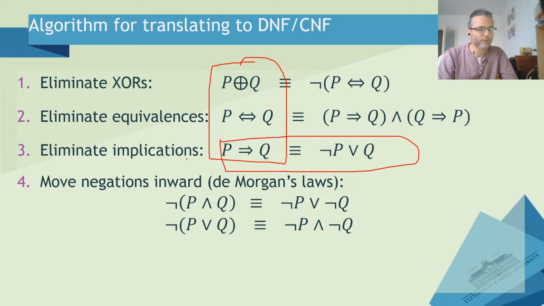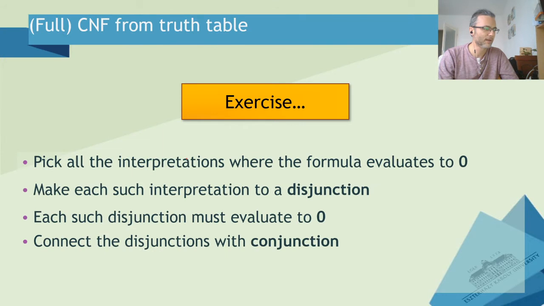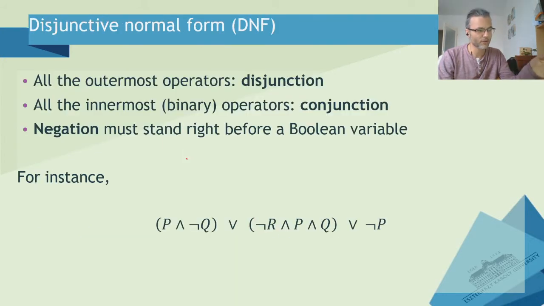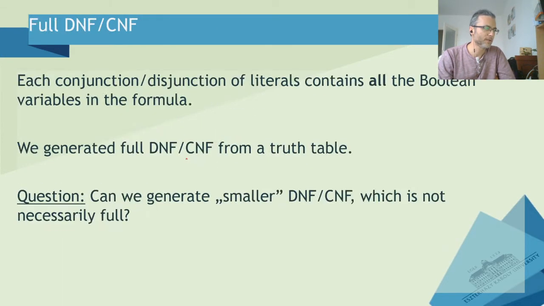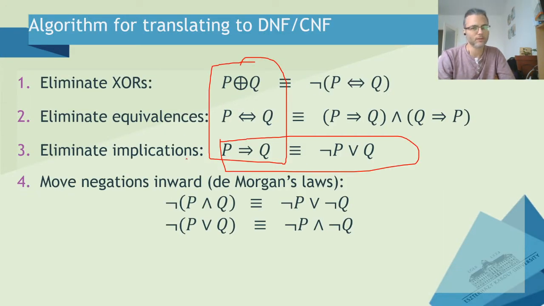The first three steps are about eliminating operators which are prohibited in a CNF or a DNF, because in a CNF and a DNF only conjunctions, disjunctions, and negations are allowed. So therefore, first we have to eliminate the remaining operators.